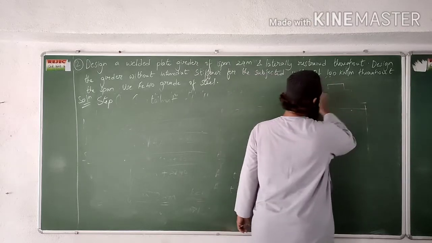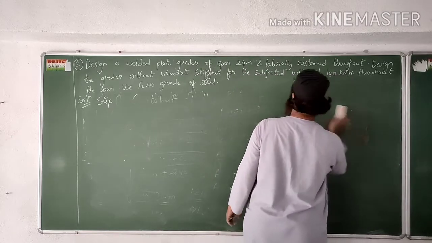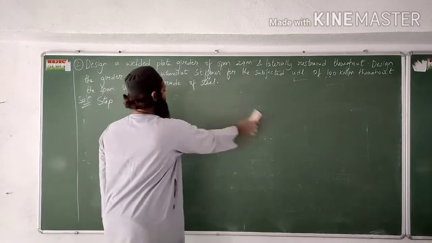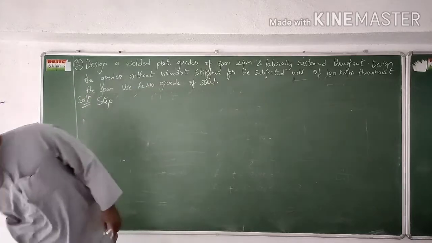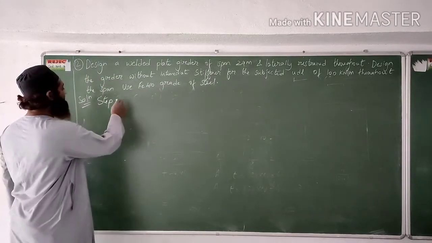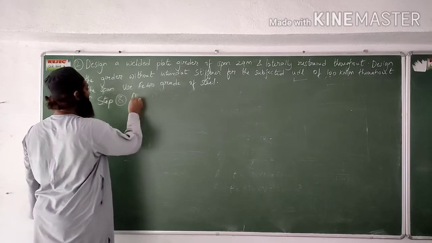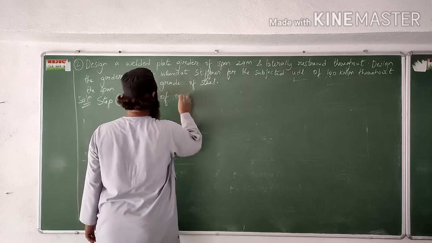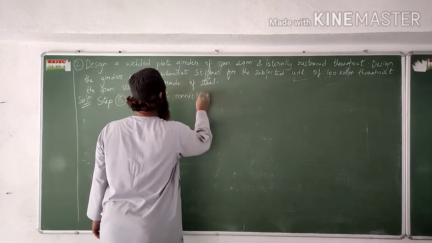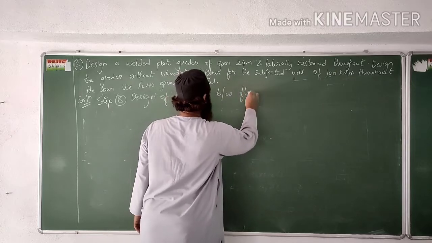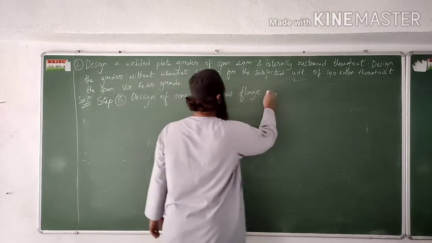Or else, if by any chance a plate would have failed in flexure, then we'd have had to change it in the flange. Remember, when it fails in shear, we'll change the web. If it fails in flexure, we'll change the flange. Let us see step 8, design of connection between flange and web.